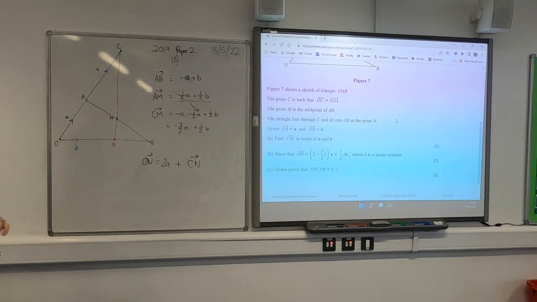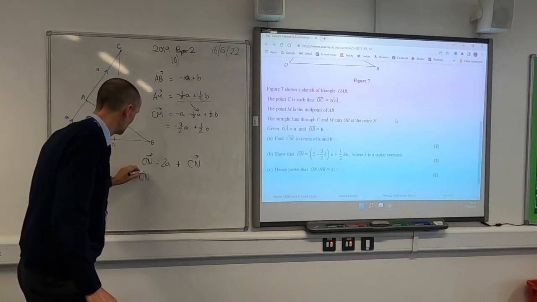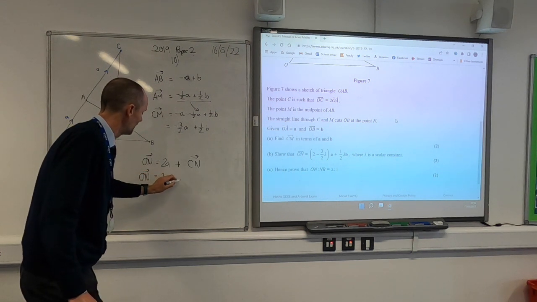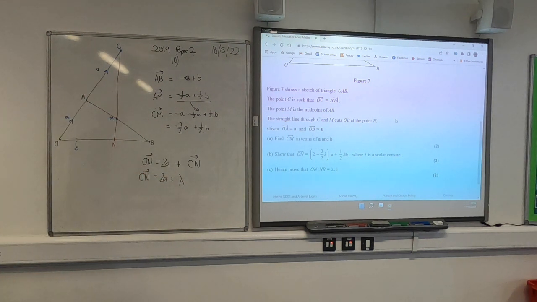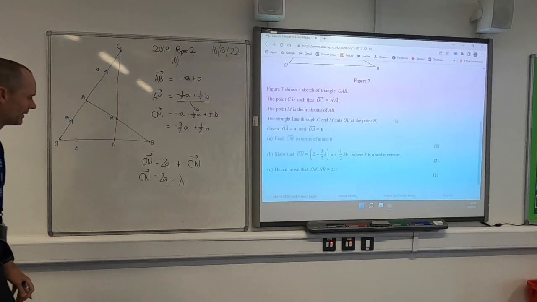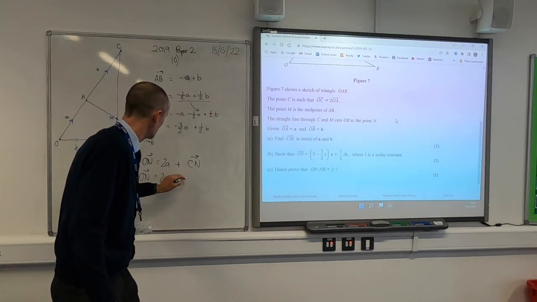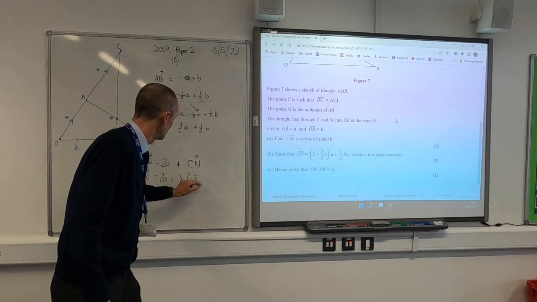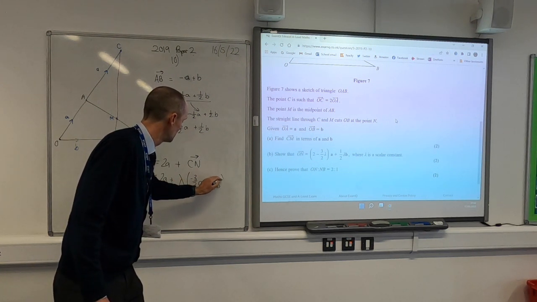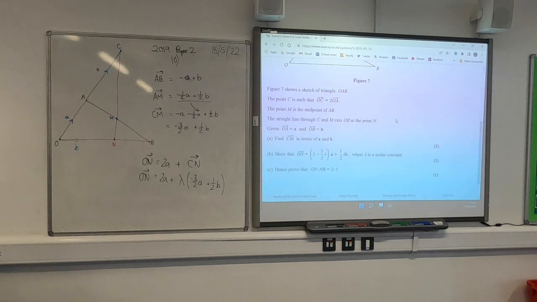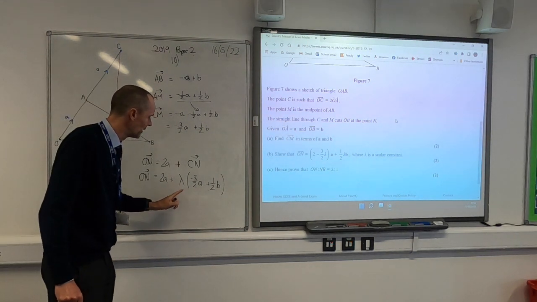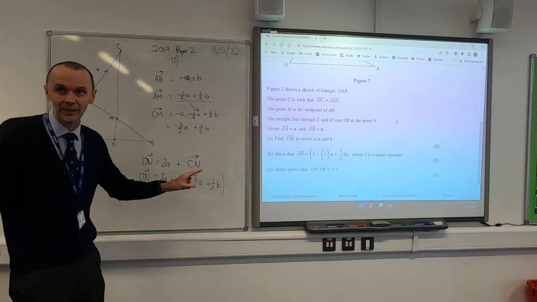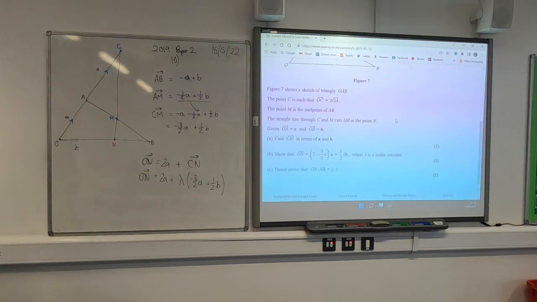And for reasons which will become clear in a moment, I'm going to call that multiplier lambda. I get the Greek letters mixed up sometimes. And I might, in my solution at this point, write something like, because C to N is parallel to C to M, that's why I can write it as a multiplier there.